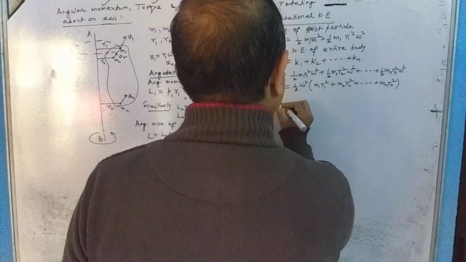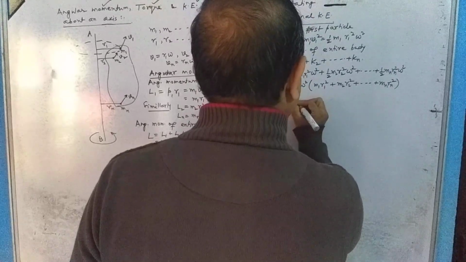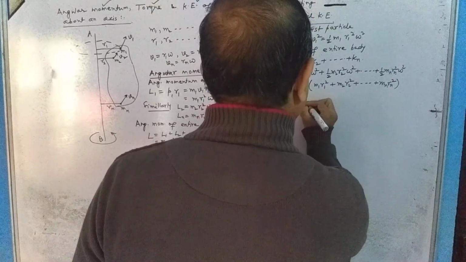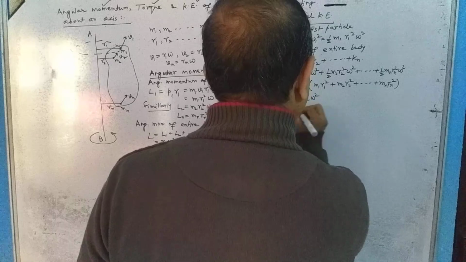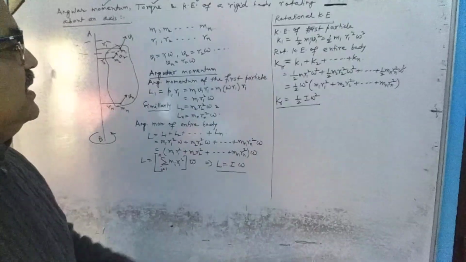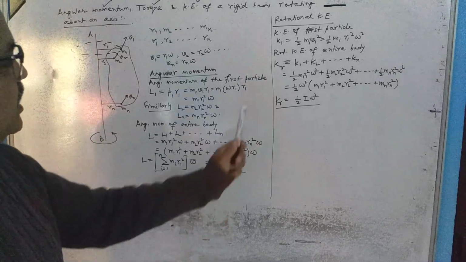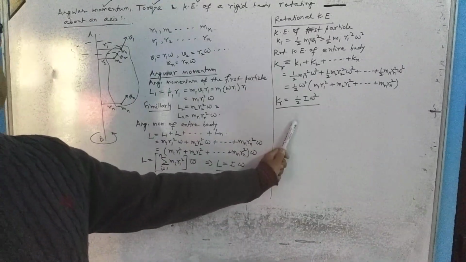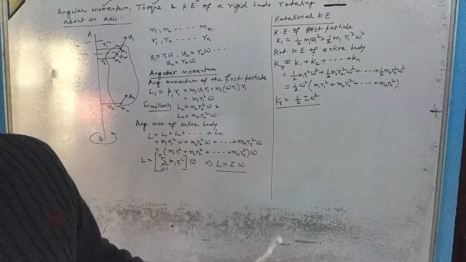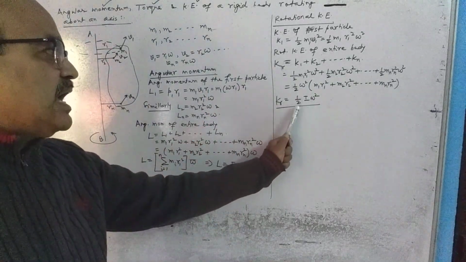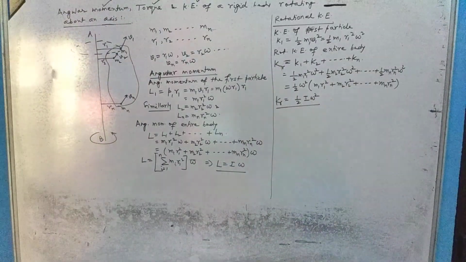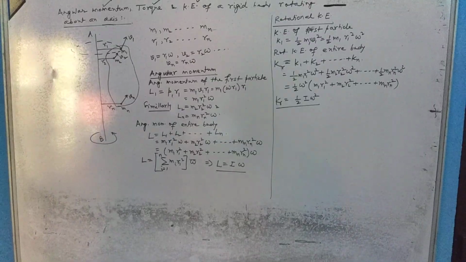So obviously Kr is equal to half I into omega square, because I have told you this bracketed term is I, the moment of inertia. See, translatory kinetic energy is half m v square, rotational kinetic energy is half I omega square. See this. This is about the rotational kinetic energy.